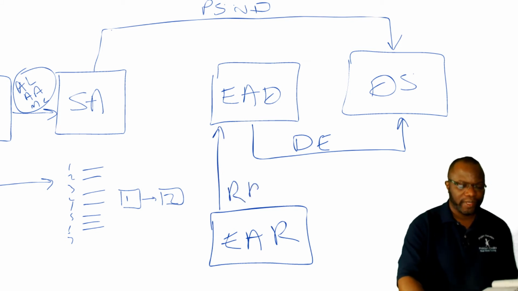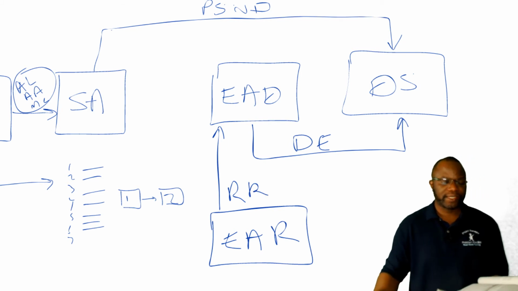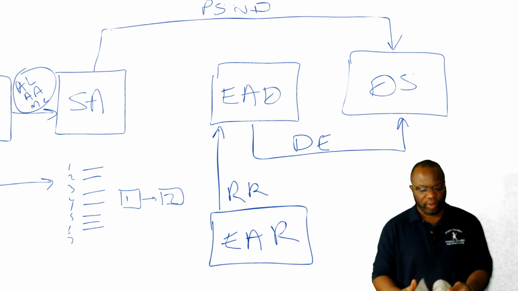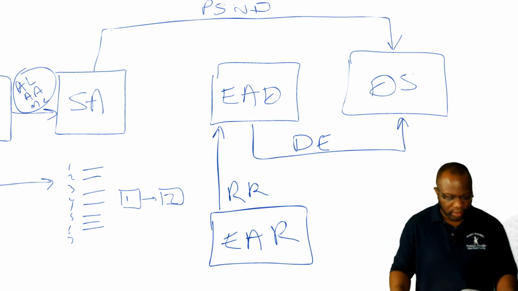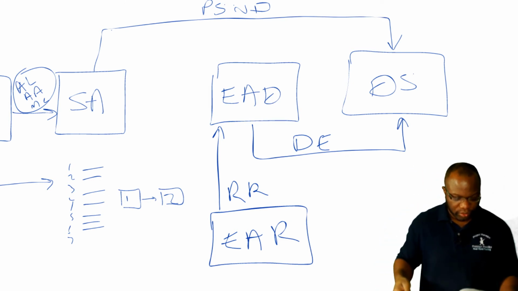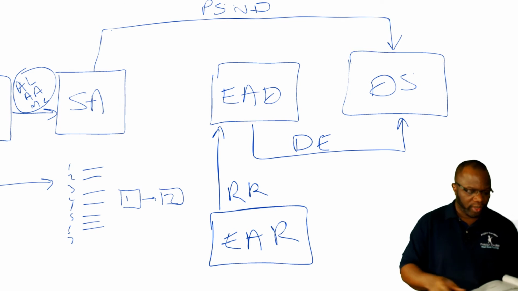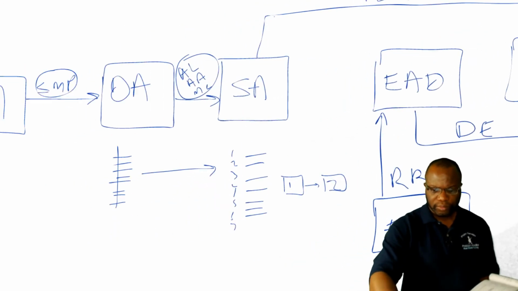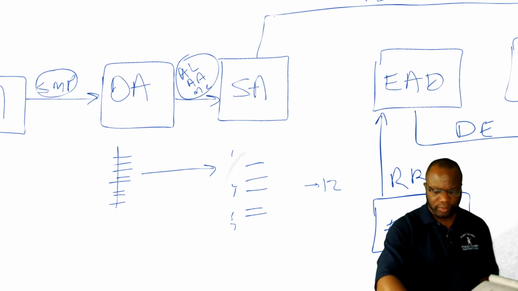Resource requirements going into estimate activity durations. There's one more loop I want to show you. So let's go on back to page 187. There is one more important loop that you should be aware of, and that is right here.